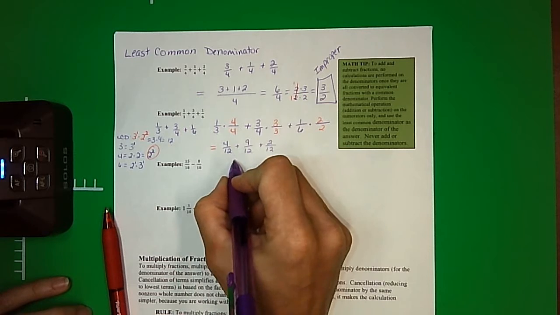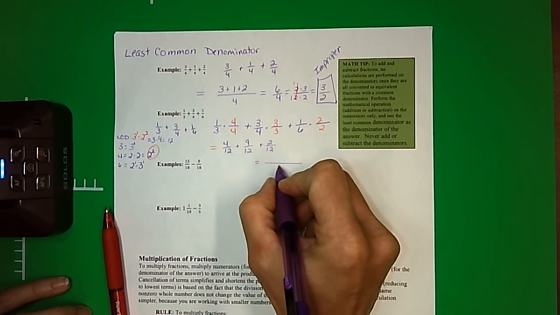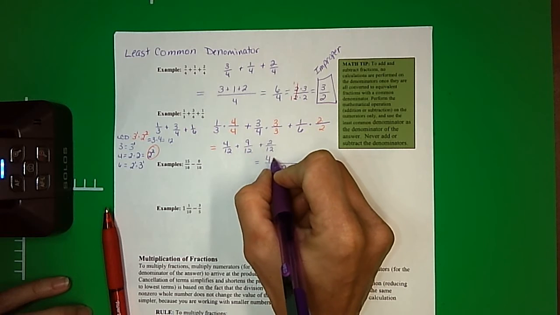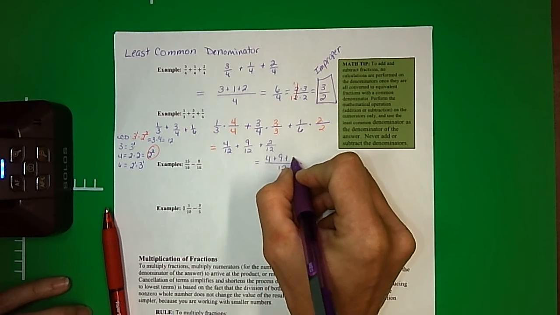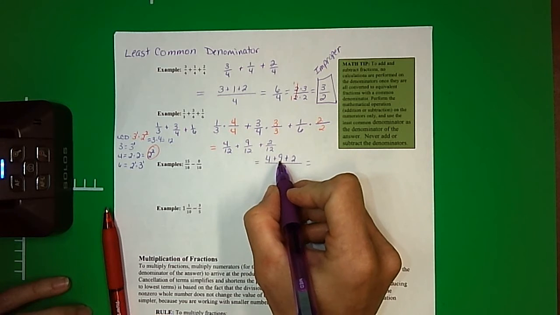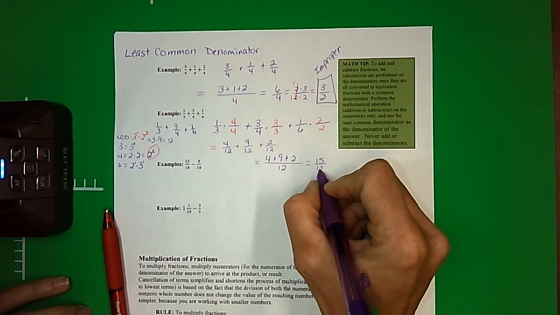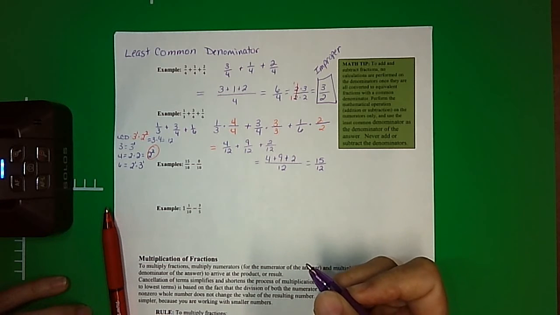So now that they all have the same denominator, I'm going to write everything over the same denominator and then write it in its order with its indicated operation. So 4 plus 9 is 13, plus 2 is 15. So now I have 15 twelfths.